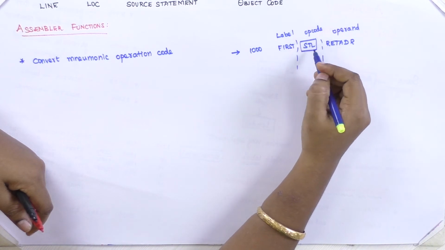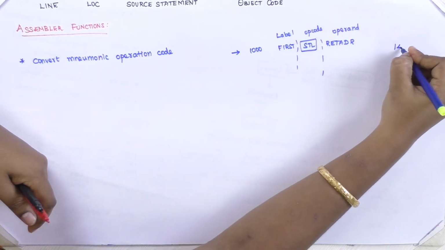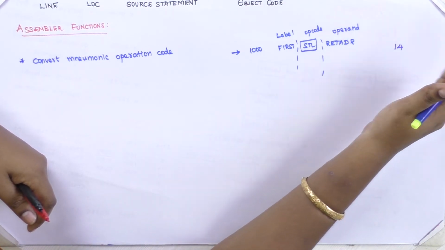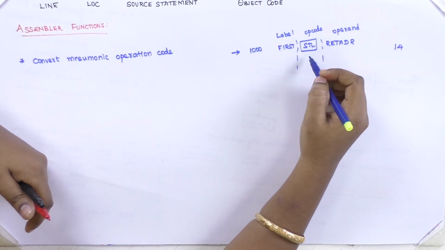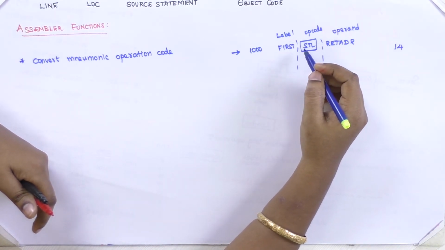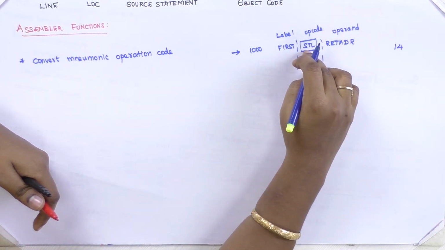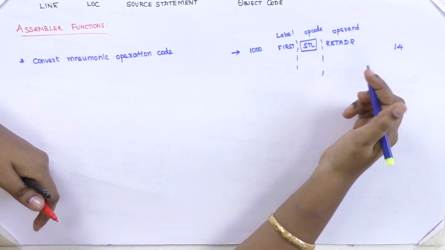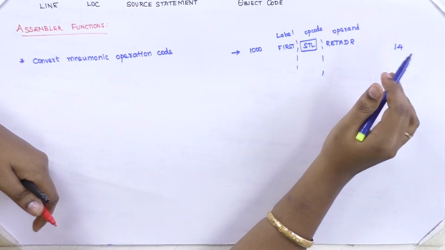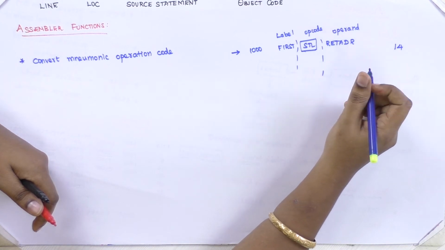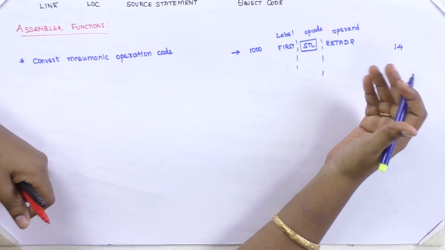The opcode value for our operation code STL is 14. This is already predefined. We have a complete list of the numbers for each and every opcode individually for SIC and SIC/XE programs. So it will first convert the opcodes to their machine language equivalents, since we cannot understand the machine language code.